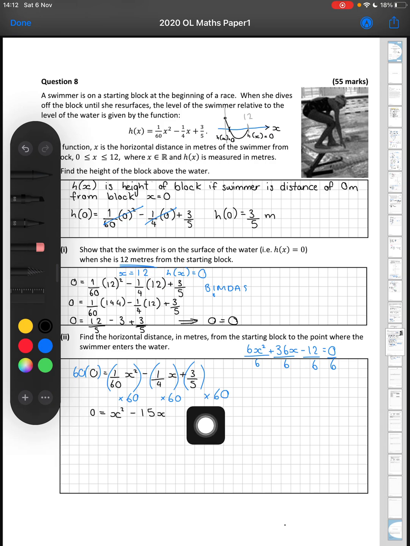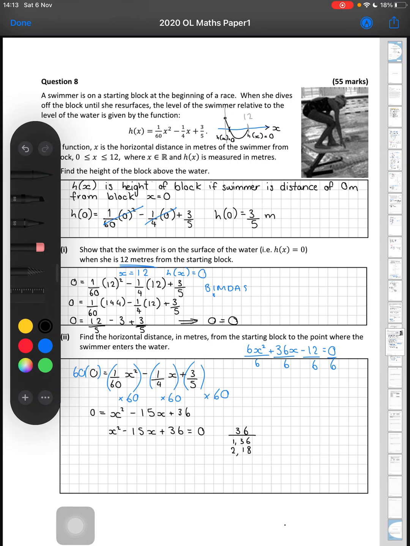What I'll end up with is 60 times 0 is equal to x squared minus 15x, and then 3 over 5 times 60 is 36, so plus 36.